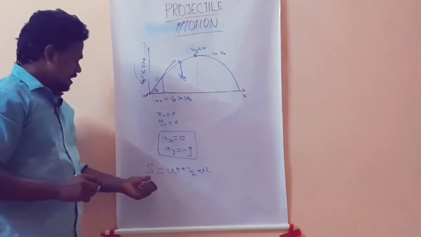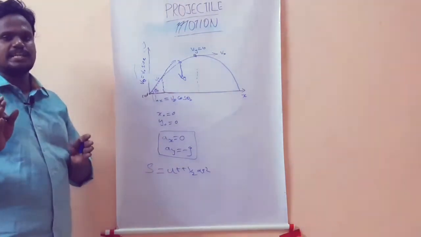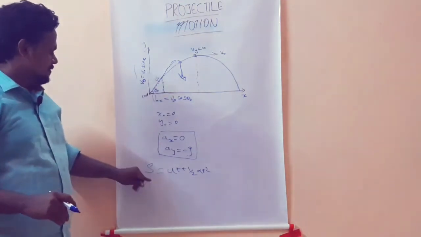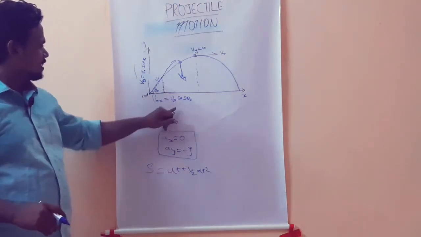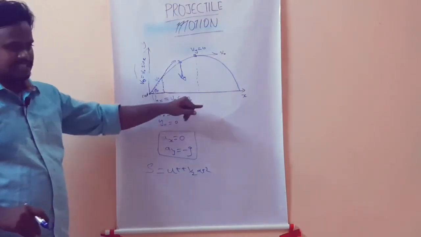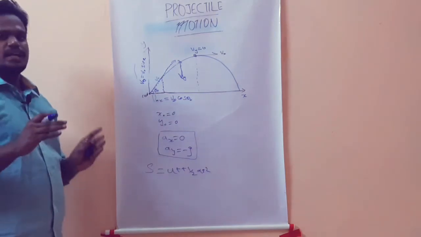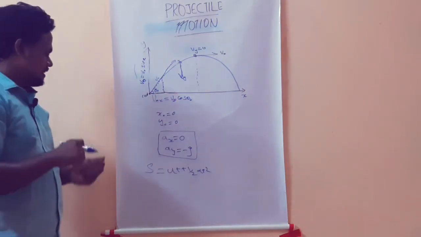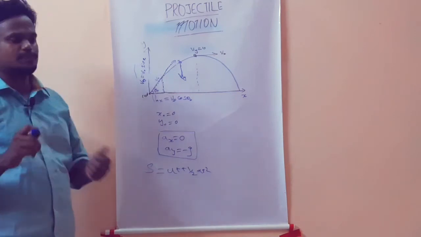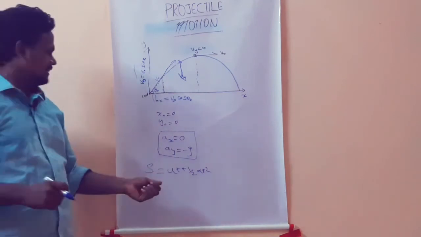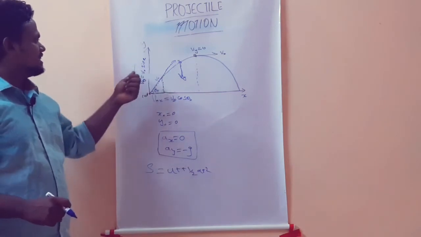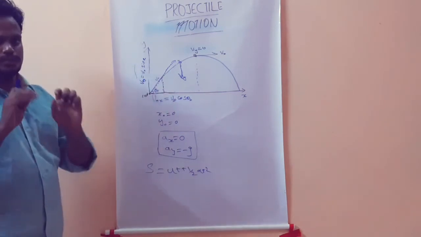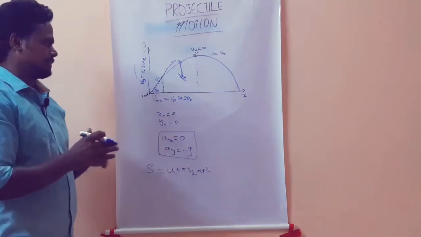Along the x-axis, we replace s by x and the initial velocity u by v naught cos theta naught. Along the y-axis, we replace the displacement s by y and the initial velocity by v naught sin theta naught. So this is what we are going to do for the x and y-axis.